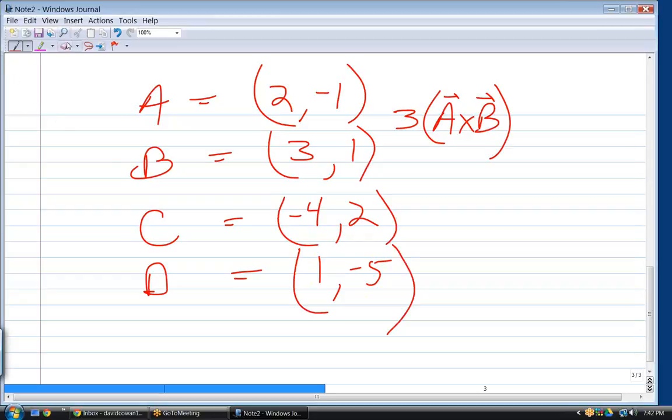And how do they express 3AB? It's just written 3 and AB, nothing in between. Like that? And then there's an arrow above the AB. Yeah, like that. Okay. What that arrow means is, well, let's first of all talk about vectors.